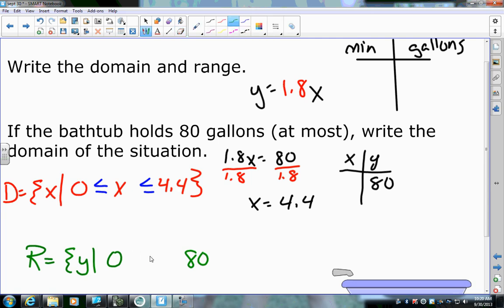I'm as tired as some of you guys. And I have less than or equal to, less than or equal to. That's my range. Okay, because it holds from 0 to 80 gallons. And it takes 0 to 4.4 minutes in order to fill it up.